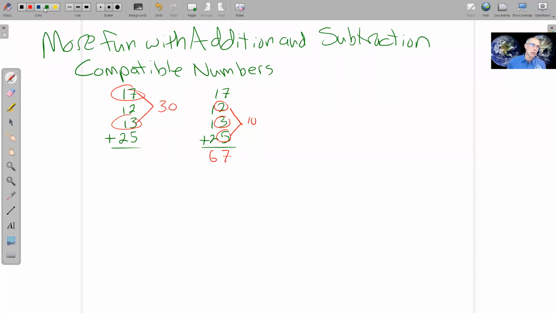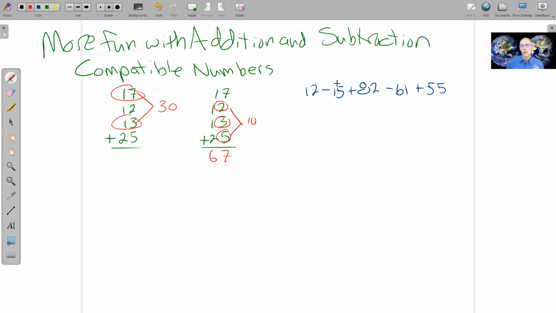And sometimes it could be with a more complicated calculation where you look for things that are compatible. So for example, suppose I had 12 minus 15 plus 82 minus 61 plus 55. When I look at this list of numbers and I have addition and subtraction to deal with, subtraction is a little harder for me and most people.